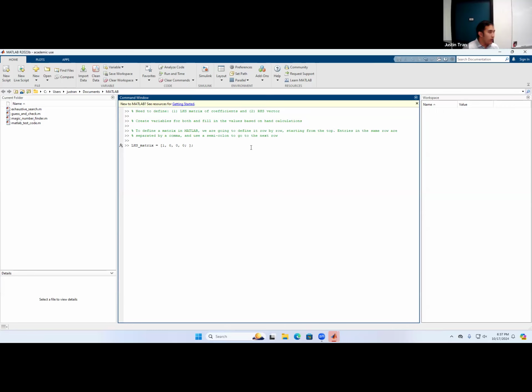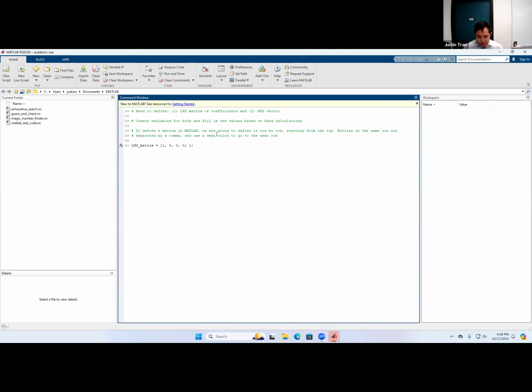And so that's the first 4 entries in our matrix in the first row. And so you can see that I've separated each of those entries with a comma. And then to tell MATLAB that I'm done with that row, I'm going to go to the next one, I use this semicolon. Okay.